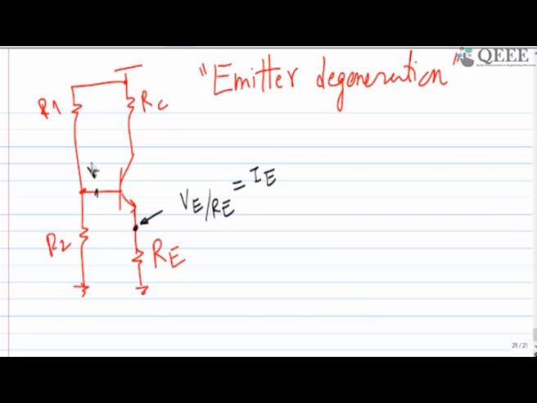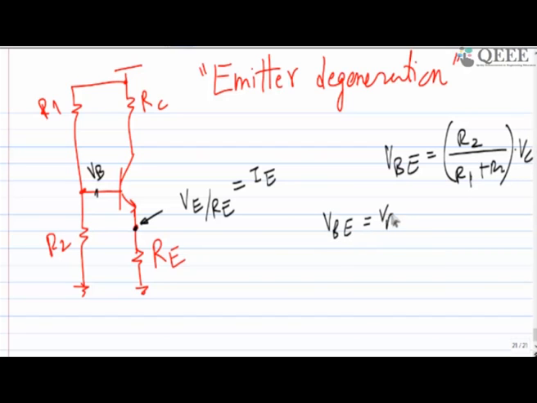You know how much VB is available. VB is equal to R2 by R1 plus R2 times VCC, and VBE is equal to VB minus VE. So VE is equal to VB minus VBE.